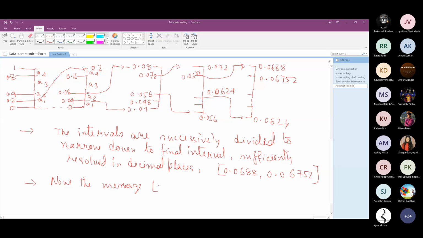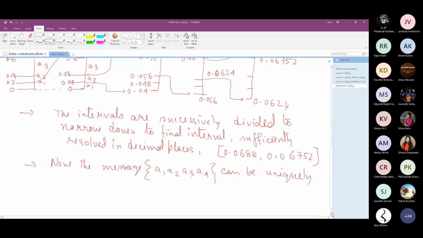The message A1, A2, A3, A4 can be uniquely represented by any number between this interval.